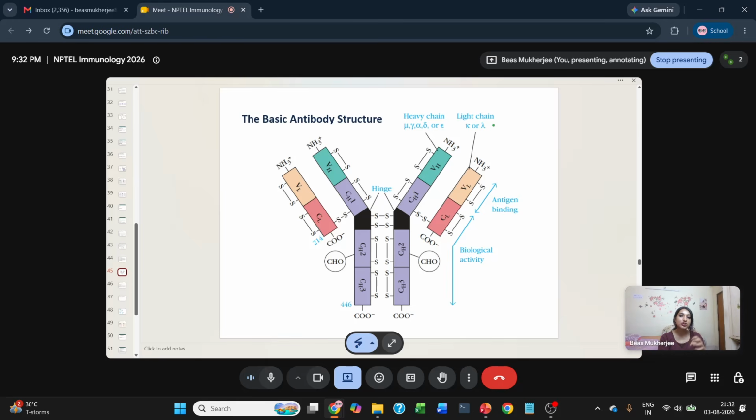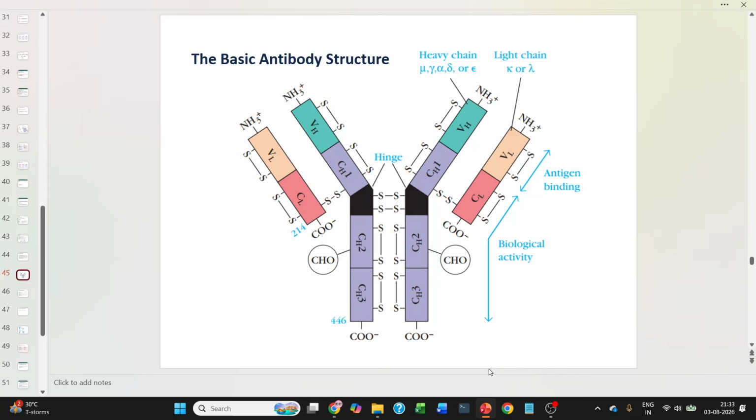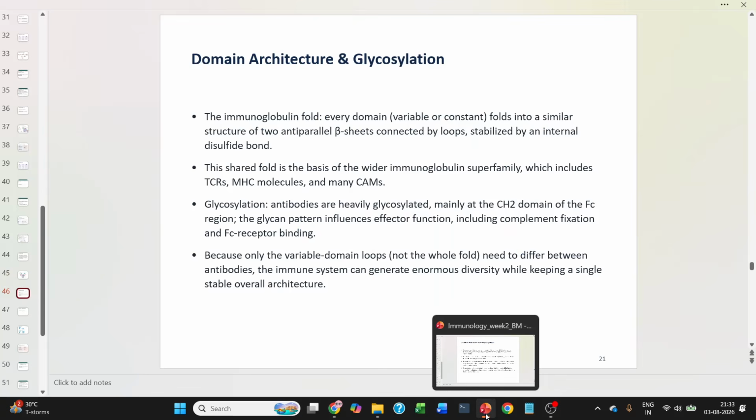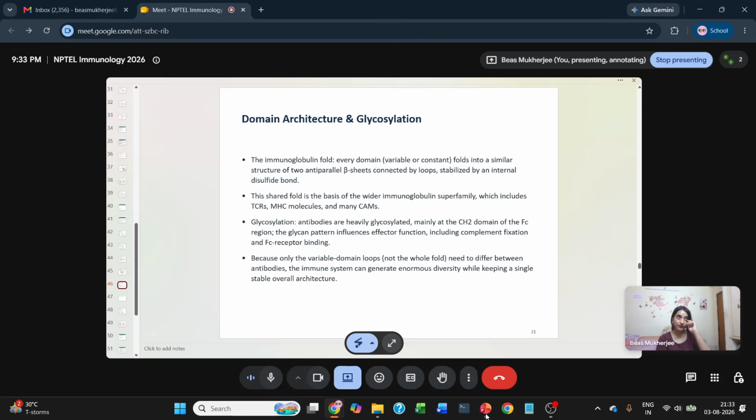The constant region is majorly active in the effector activities. And there are multiple disulfide bridges in this antibody.